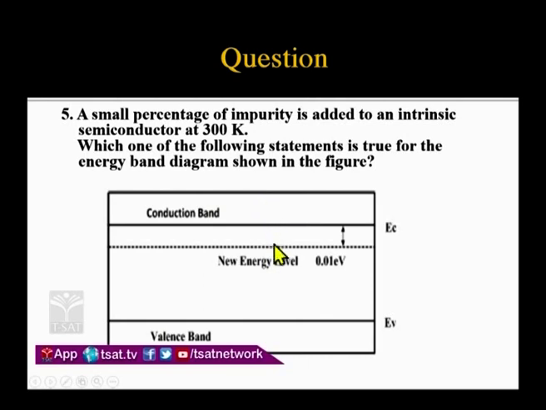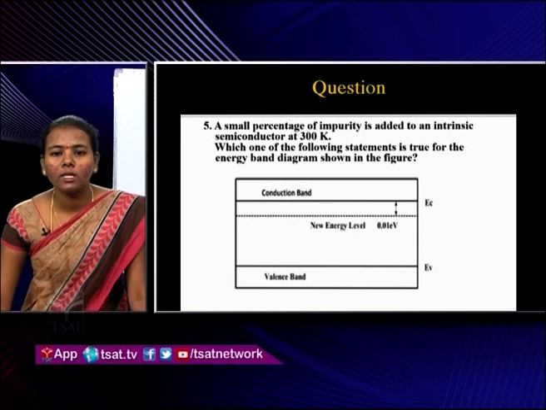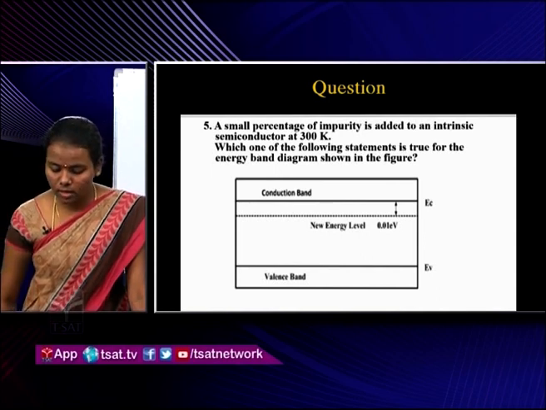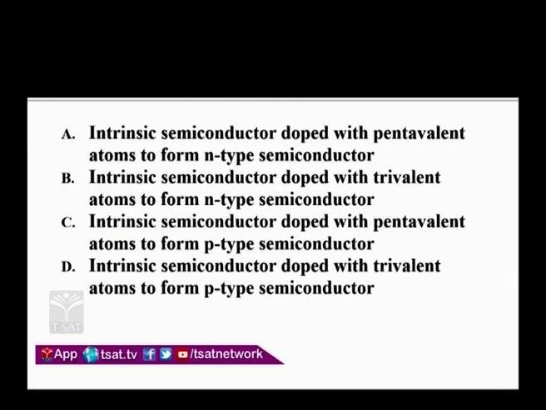When the new energy level is near to the conduction band, that means there are free electrons in the material. So what is the free electron contributing element? That is pentavalent impurity, right? And when you add pentavalent impurity, the semiconductor will be N-type.